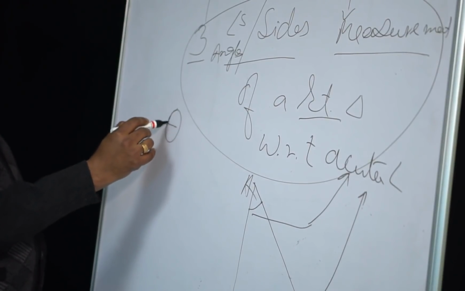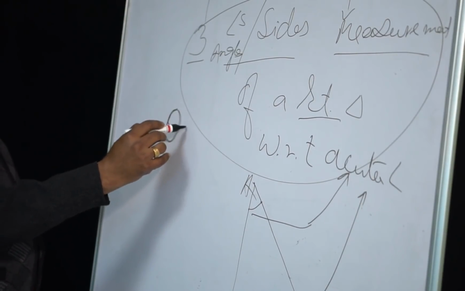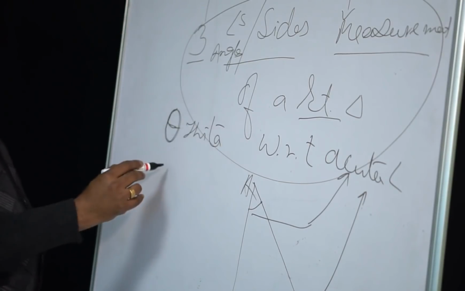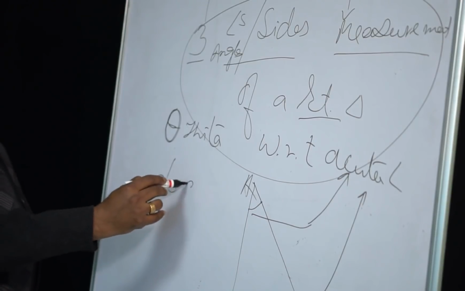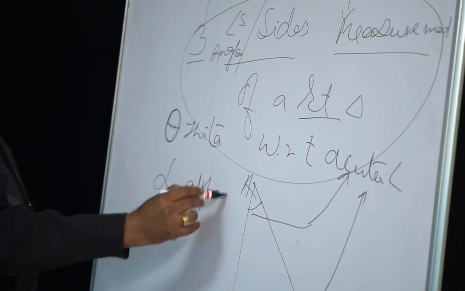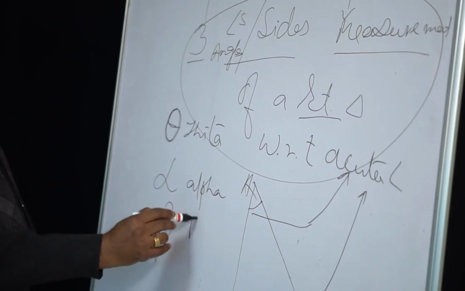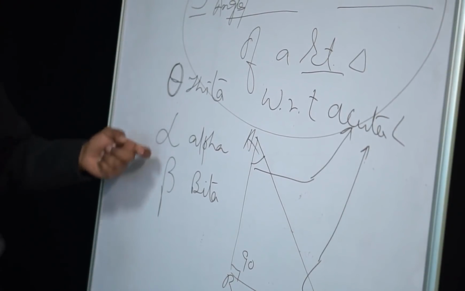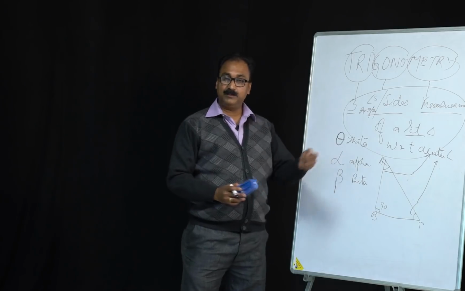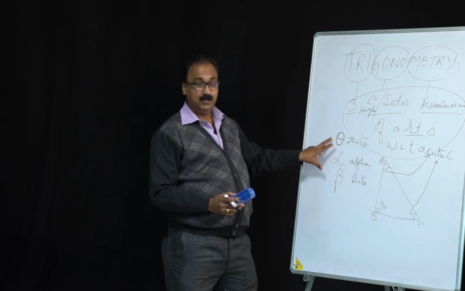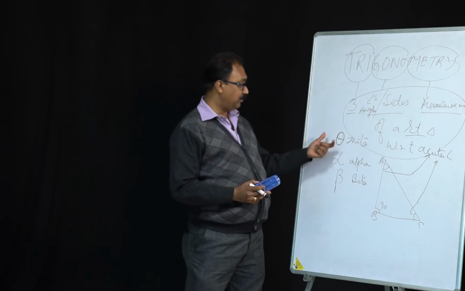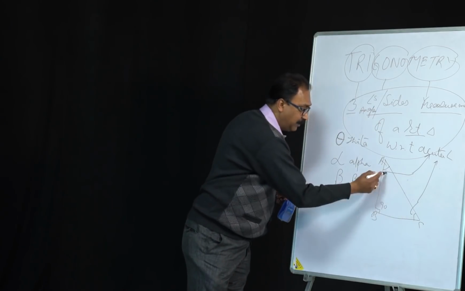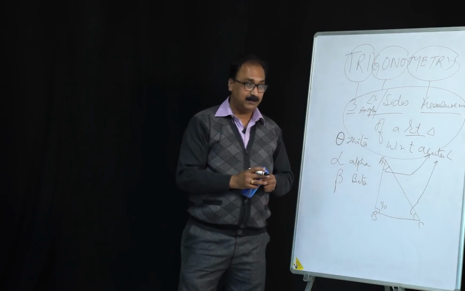How to write, look at this way: theta, then alpha, then beta. These are symbols of acute angles in trigonometry, all Greek letters. In others also there are phi, psi, but basically these three we have to use in your class 10 syllabus. Clear? So sometimes we have to use the symbols or use alphabets as well.